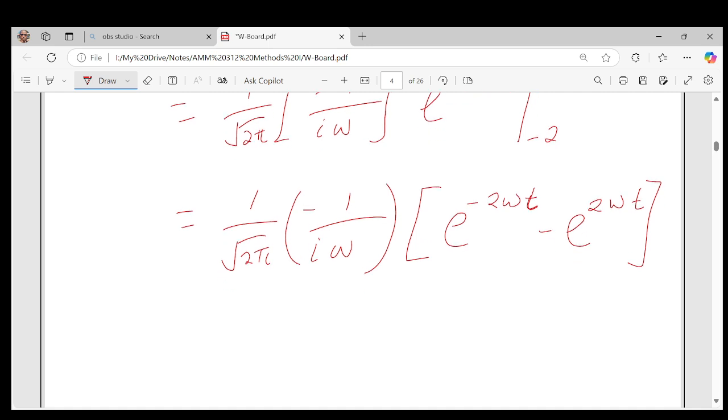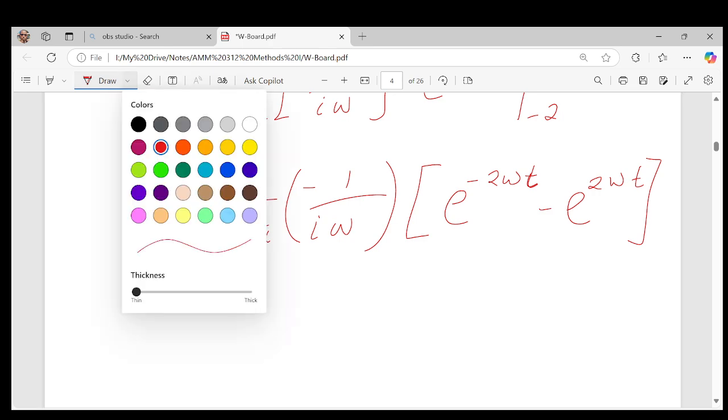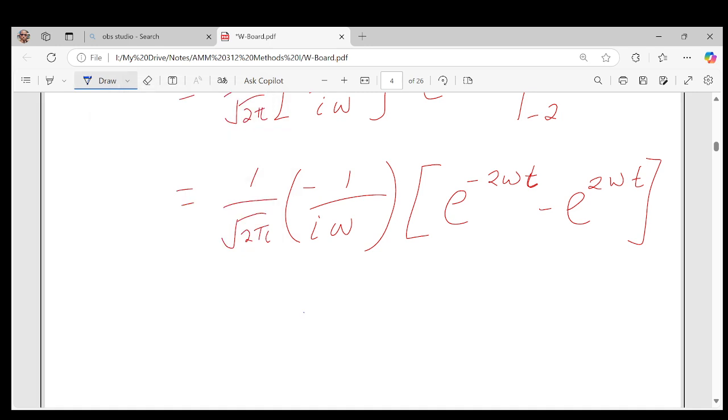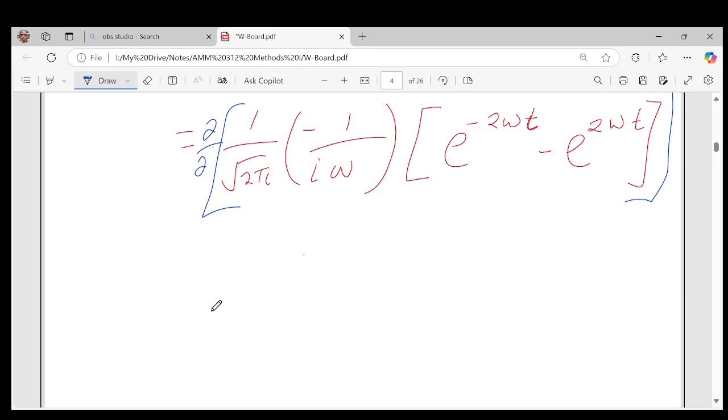We can simplify this by writing. Notice that it is possible to multiply this by 2 and divide the same by 2, so that we have 2 all over 2 root 2 pi. This will be minus.